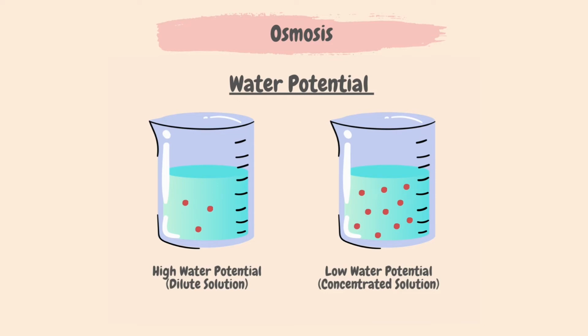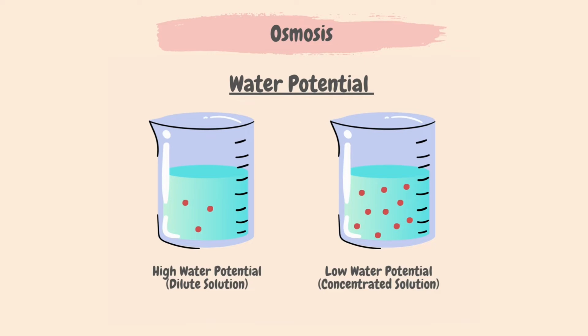In the case of diffusion, we were talking about the movement of particles, but osmosis is about the movement of water molecules. When we are talking about water, we cannot use the term concentration anymore, because a concentration shows the amount of substance dissolved in water.